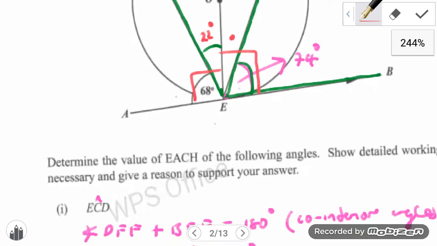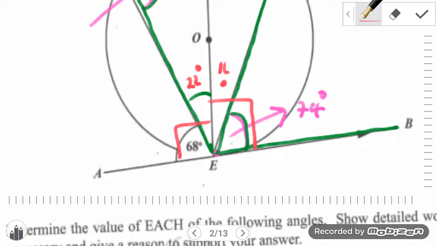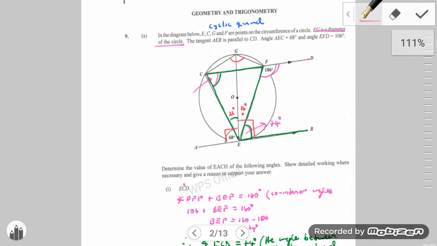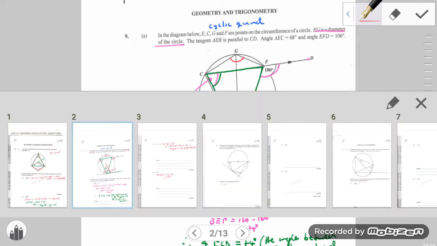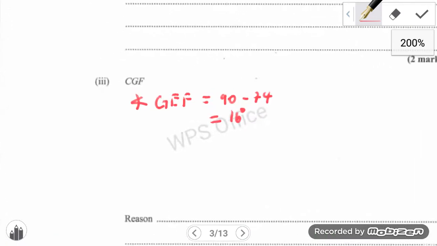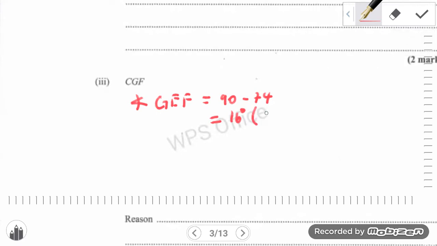So if you put 16 degrees right in here, we're going to give a reason for why we did what we just did. So the reason for doing that again is because tangent, or I keep saying tangent, guys, diameter GE meets tangent AE, I believe it was AEF.